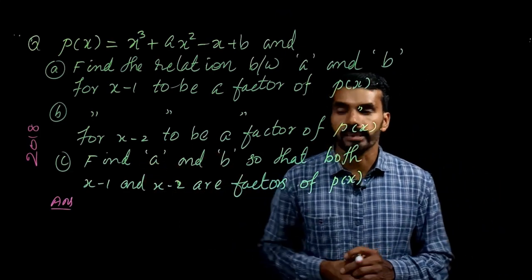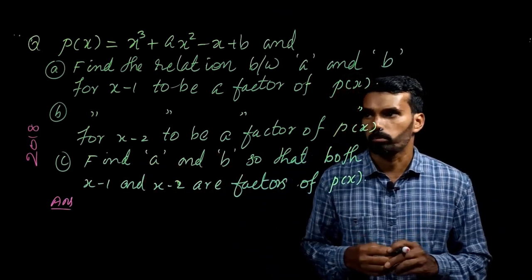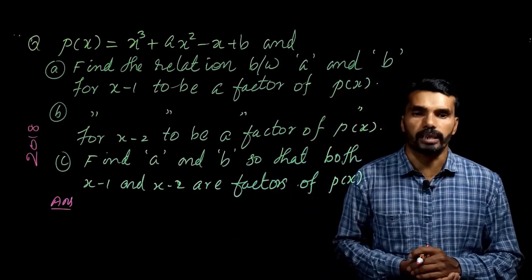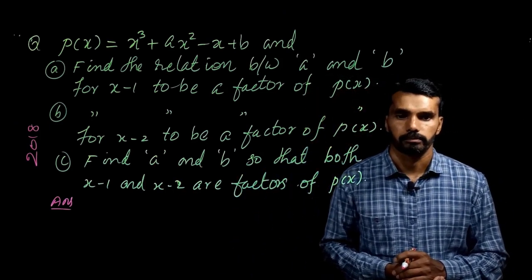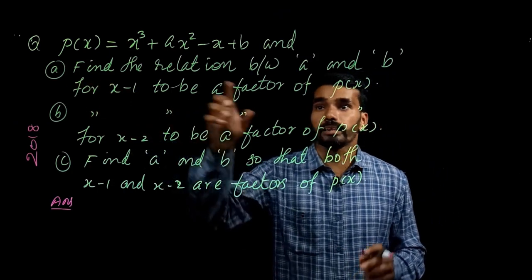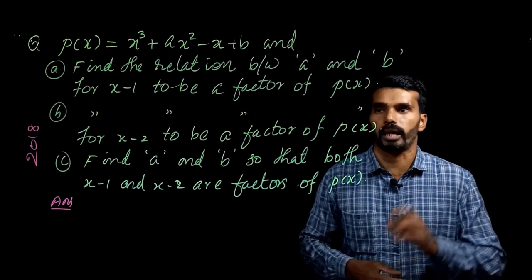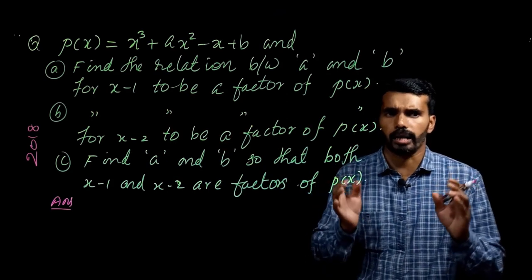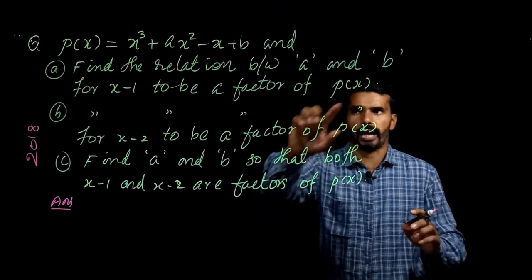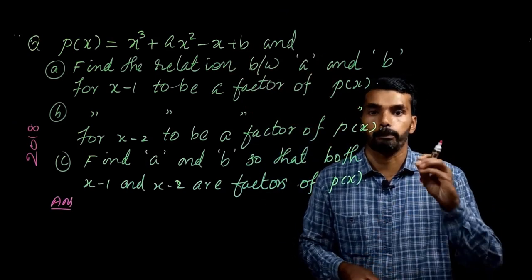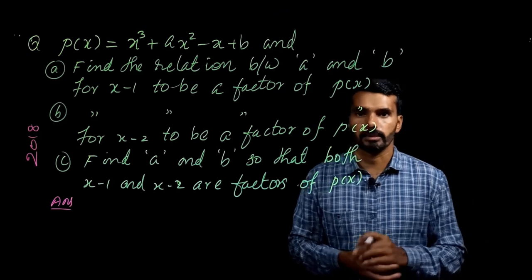Third question, find a and b so that both x minus 1 and x minus 2 are factors of p of x. So first question, find the relation between a and b for x minus 1 to be a factor. We are given that x minus 1 is a factor of p of x. If x minus 1 is a factor, then p of 1 is 0.